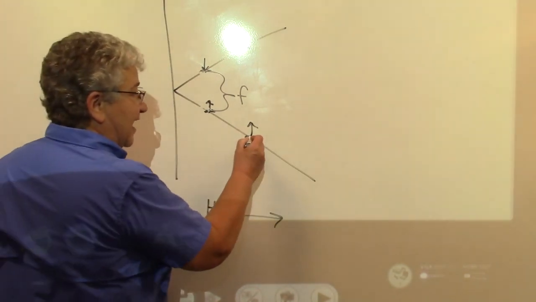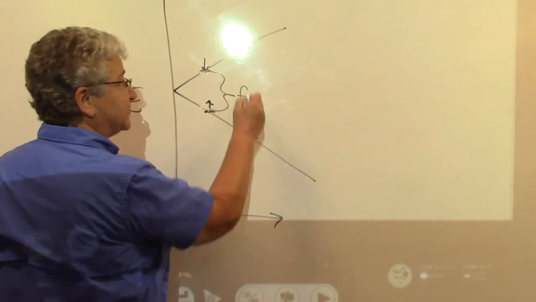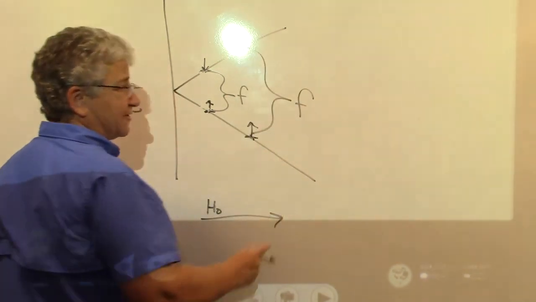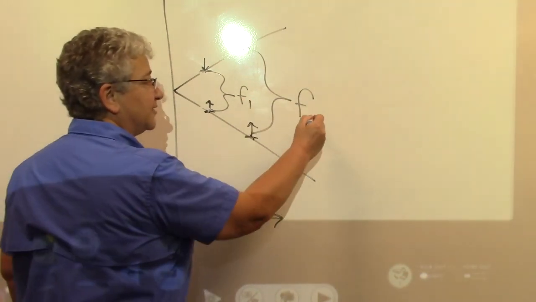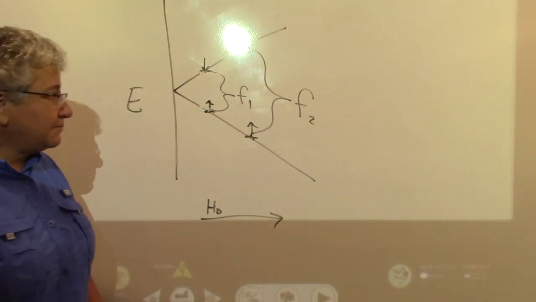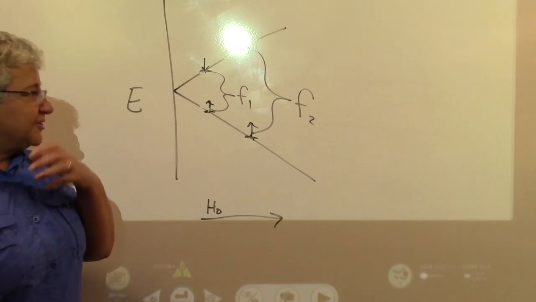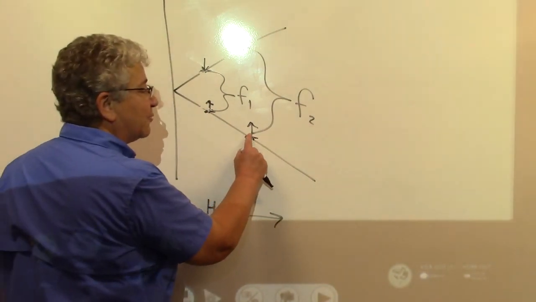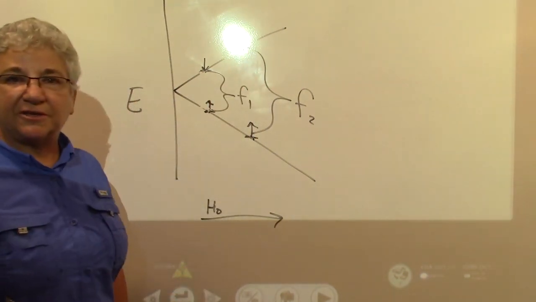But a different atom has a different energy gap, and so it needs a different frequency. If I call this 1 and 2, it needs a different frequency in order to spin from with the field to against the field.